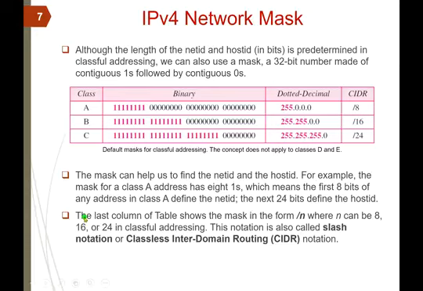Okay, they all should be ones and then followed by zeros. So for class A, this is the default mask: 8 ones, then 24 zeros. In dotted decimal notation we say 255.0.0.0.